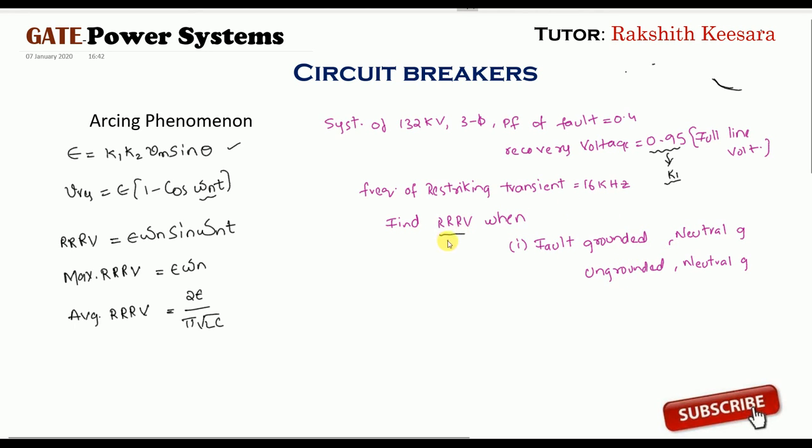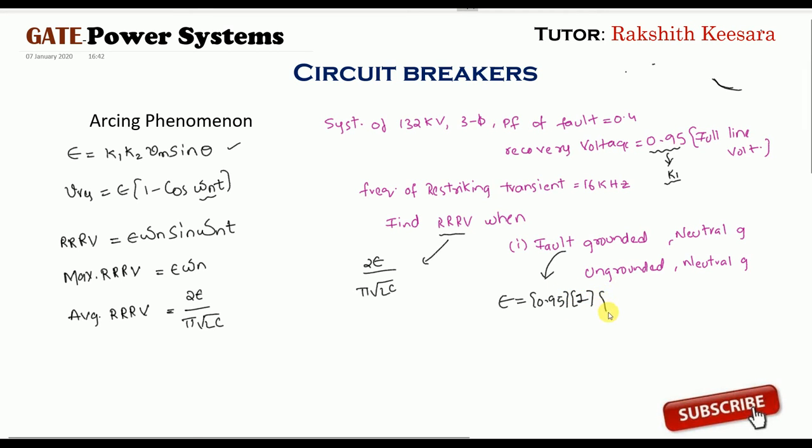So very easy problem. Students, what is the formula for RRRV? 2E by pi root LC. What is the value of E? K1, K2, Vm sin theta. When the fault is grounded, E will be equal to, what is K1? 0.95. Since the fault and neutral both are grounded, K2 is equal to 1.